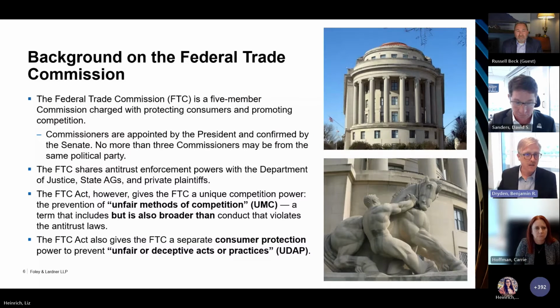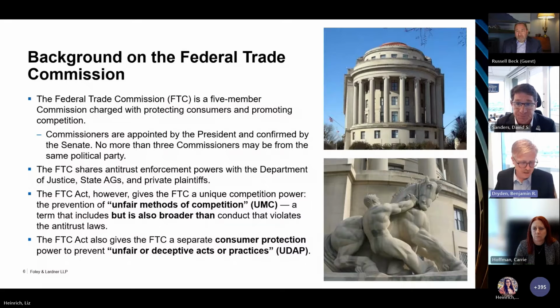But the FTC, along with the Department of Justice, state attorneys general, and private plaintiffs, has antitrust enforcement power, and it has a number of responsibilities as an agency, and those responsibilities have grown over time.